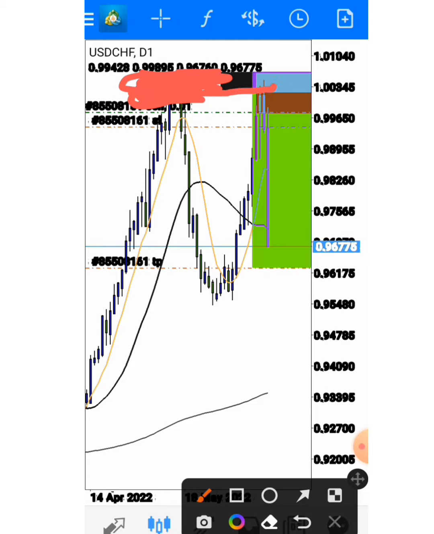So price has tapped here and continued moving down. That is where I entered this trade, around here. I entered this trade today early morning, so I can see how price is responding accordingly.